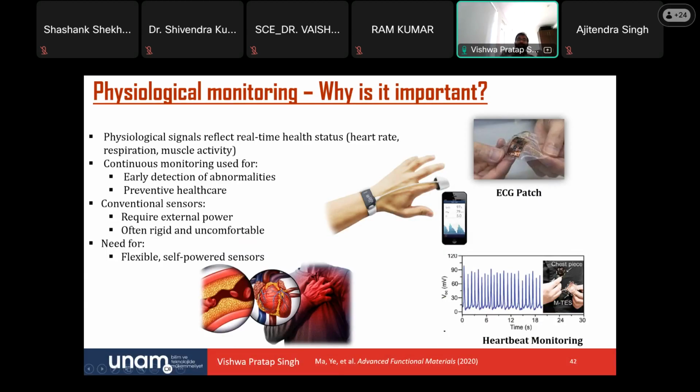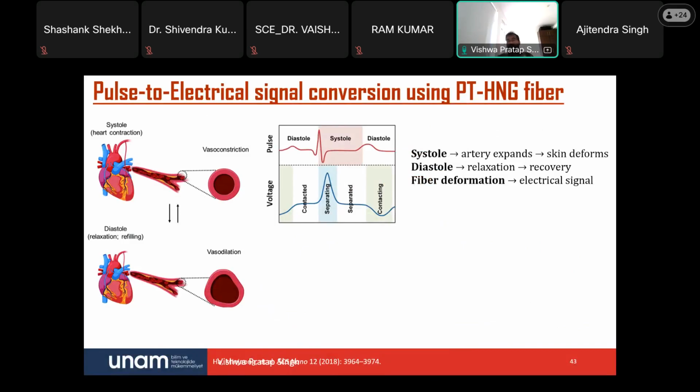For this purpose, we can use these fibers in place of very sophisticated devices, and these fibers are cheap. In the previous slide, I showed the biomechanical placement and we got the output. But again, similar to the PNG device, we also did the physiological measurement for this hybrid one. That's what I was talking about last time.